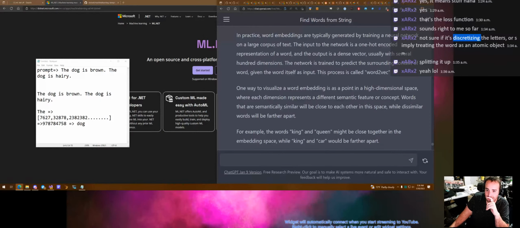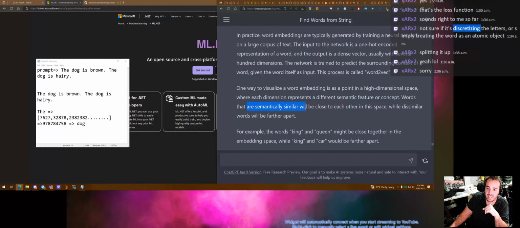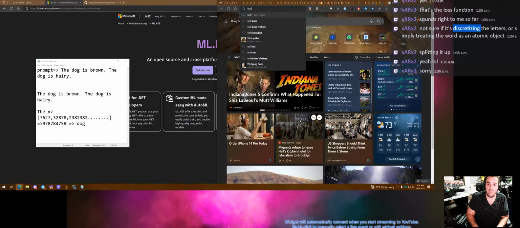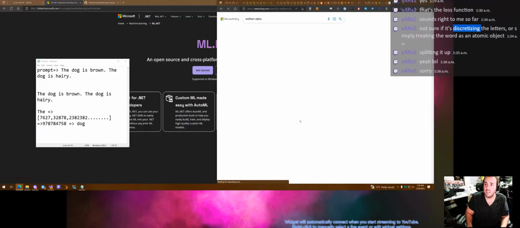All right. High dimensional space where each dimension represents a different semantic feature or concept. Words that are semantically similar will be close to each other in this space, while dissimilar words will be further apart. So what this made me think of, let's see, Wolfram Alpha, right?